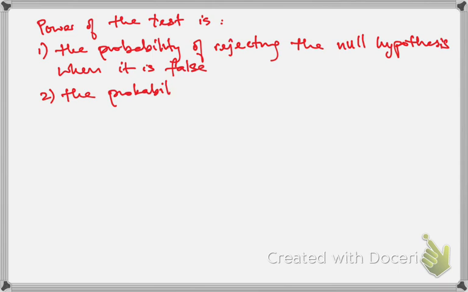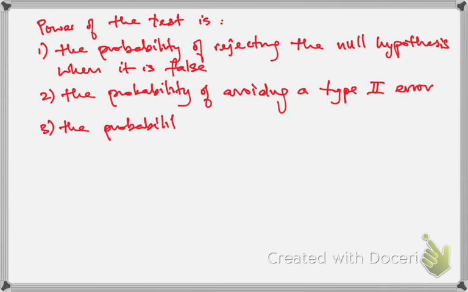Power of the test, you can also look at it this way: it's the probability of avoiding a type 2 error. What's a type 2 error? Type 2 error is assuming your null hypothesis to be true when it is not. So it's the probability of avoiding a type 2 error.